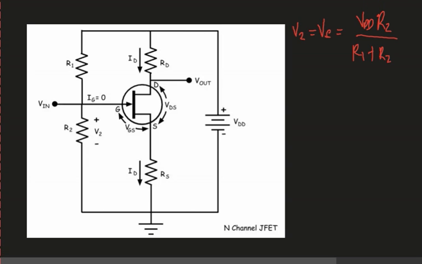Again, our V2 will be equal to VGS plus ID RS, since this is our VG.